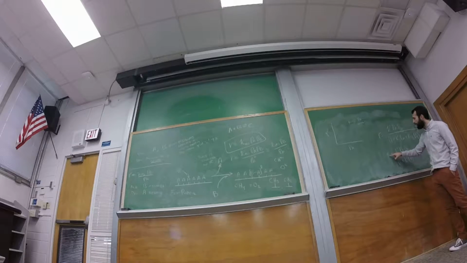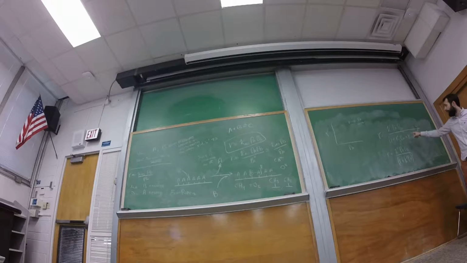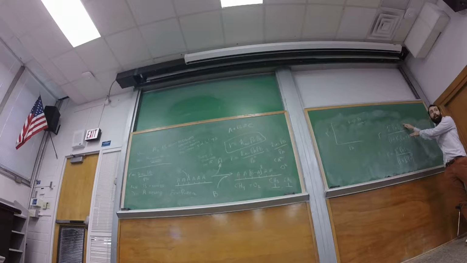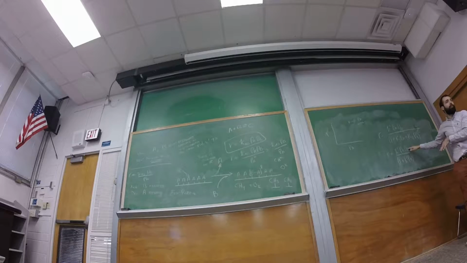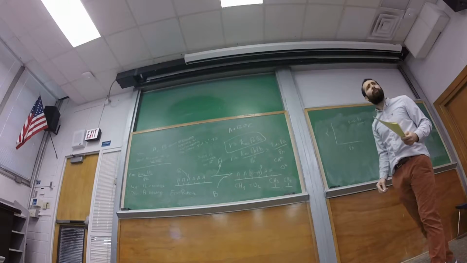And so what I observe looks like this and not this, because I can't see this pressure dependence. Remember that in reality, this is what you derive, but this is what you observe, right? You can only observe what you can see. And if I don't change the pressure of B, how can I see that term? Yeah? Are we missing the K4 term?